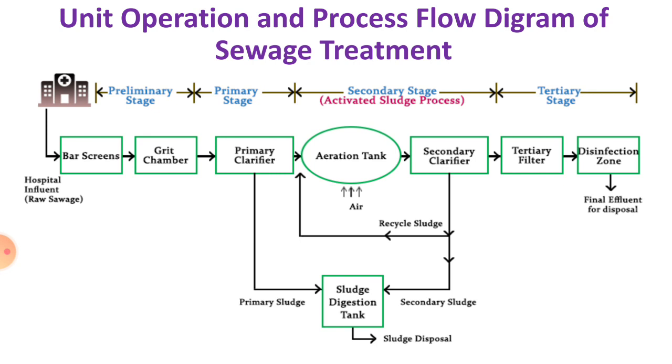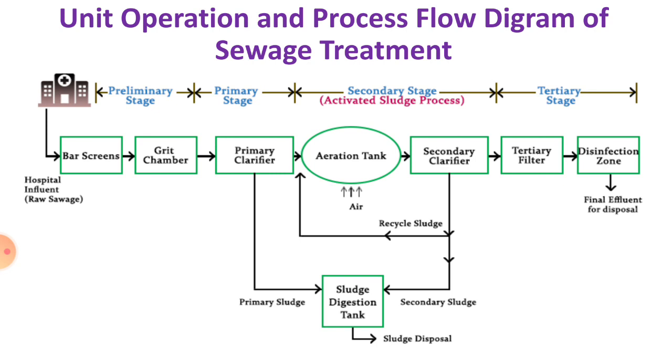After leaving the grit chamber, the water goes to the primary clarifier. This stage is called the primary stage or primary treatment, whereas the bar screen and grit chamber come under the preliminary treatment. In the primary clarifier, the sedimentation occurs and suspended solids get settled.